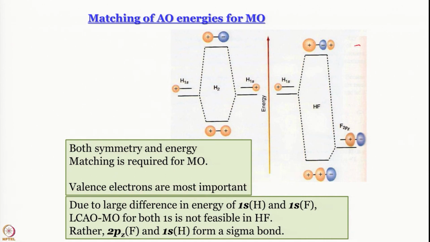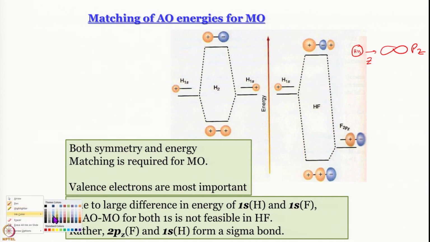See, let us say this is my 1s orbital from hydrogen. So, let us say this is the z axis, the direction of approach. This is Pz. Since color is free, let me use colors.